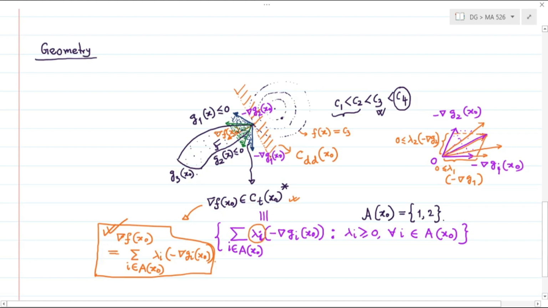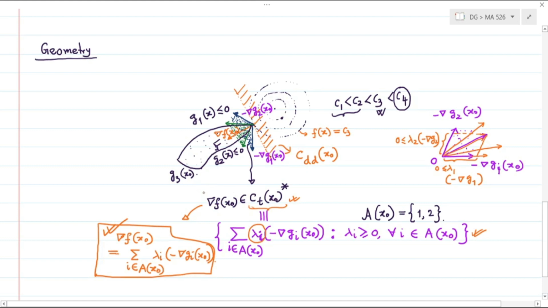So here from the figure, loosely we observe that the dual of the tangent cone is this region, but not always. Under certain restriction, the dual of the tangent cone is obviously the positive linear combination of the negative of the gradient of the g_i's, where i's are active indices.